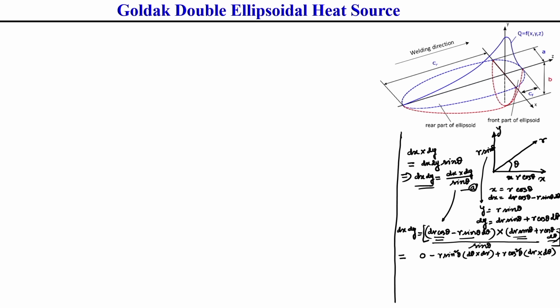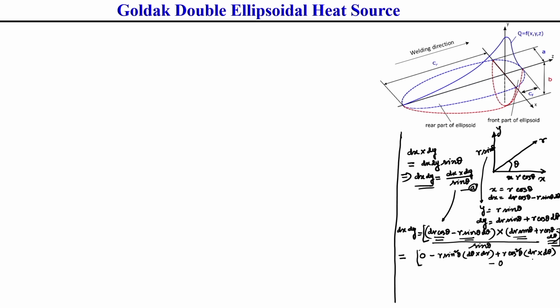Then the second term with the second term: this will be minus d theta cross d theta, which is also 0, because d theta cross d theta is 0.